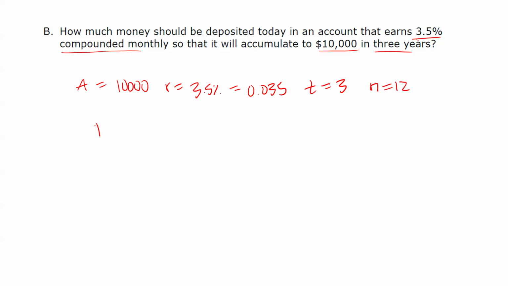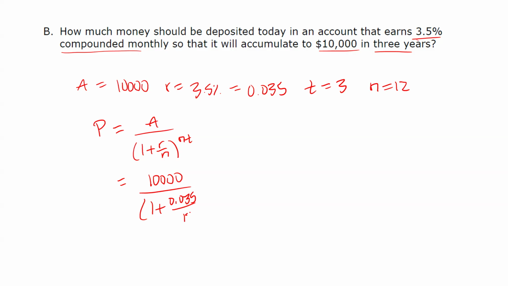We're going to use the same formula where we have A divided by 1 plus R divided by N raised to the power NT. So that's 10,000 divided by 1 plus 0.035 divided by 12 raised to the power 12 times 3.